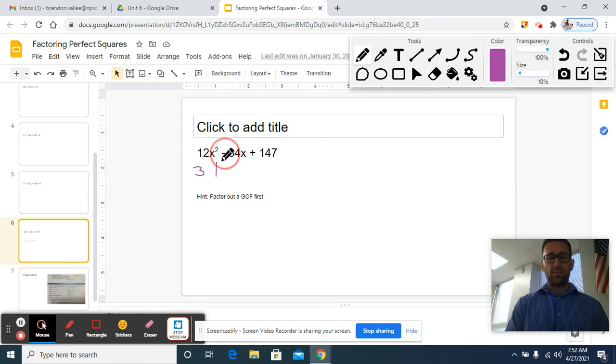So that would be 4x squared, and then 147 divided by 3 is 49. And then let's see, 2 and 7, 14, 28. I think that's got to be 28. 84 divided by 3 is 28.